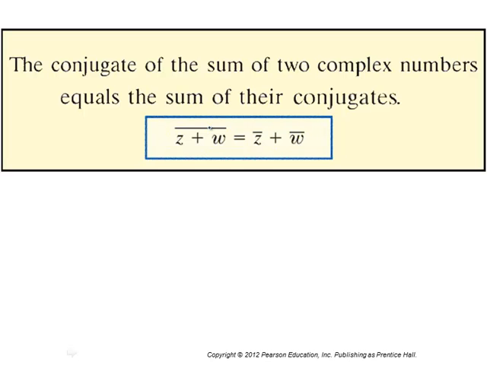By the way, taking the conjugate of the sum of two complex numbers is equal to the sum of the conjugates. Why? Well, suppose we have z equal to a plus bi, and w equal to c plus di.